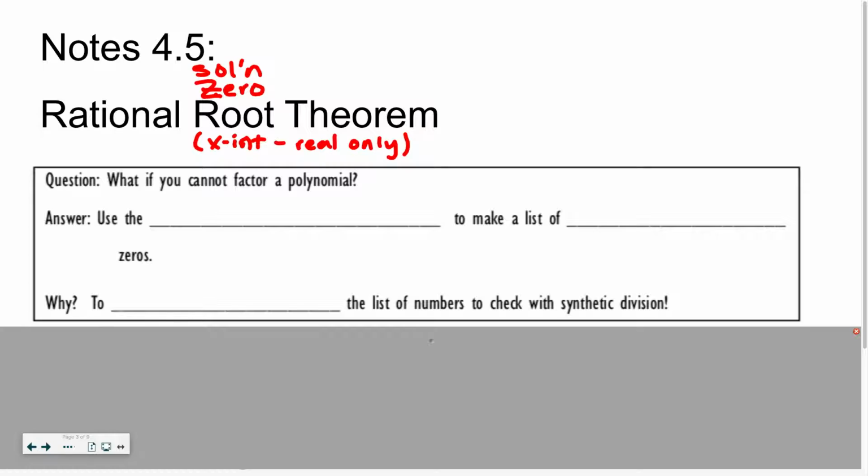So what math word is in the word rational? Ratio, right? If you're in history, you might be thinking about a ration, but we're in math, so we're thinking about a ratio. Okay, so the key here is for the rational root theorem, we're talking about ratios, and ratios look like fractions.